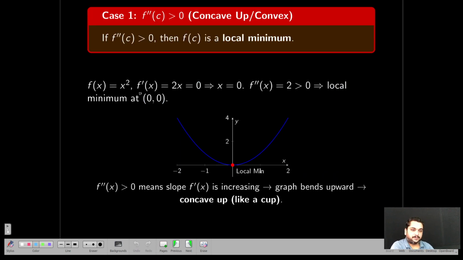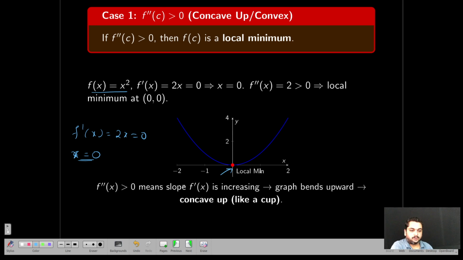Let us see an example. Given f of x equals x square, if I calculate f dash of x and set it equal to 0 to find the critical point, I get my critical point at x equal to 0. This is the curve for x square. So this is our local minimum, or relative minimum.